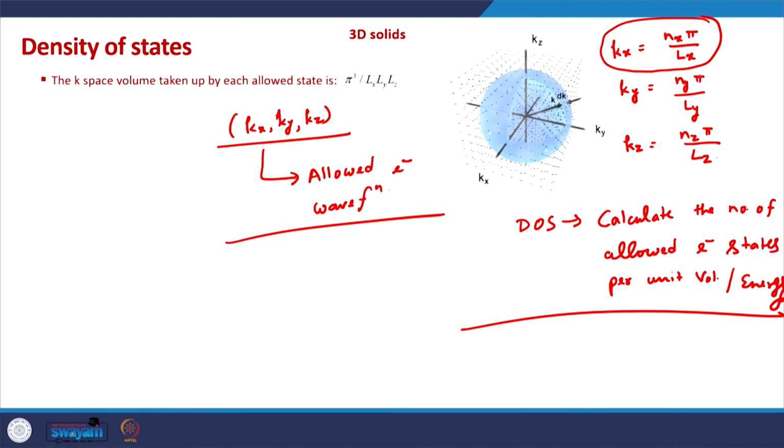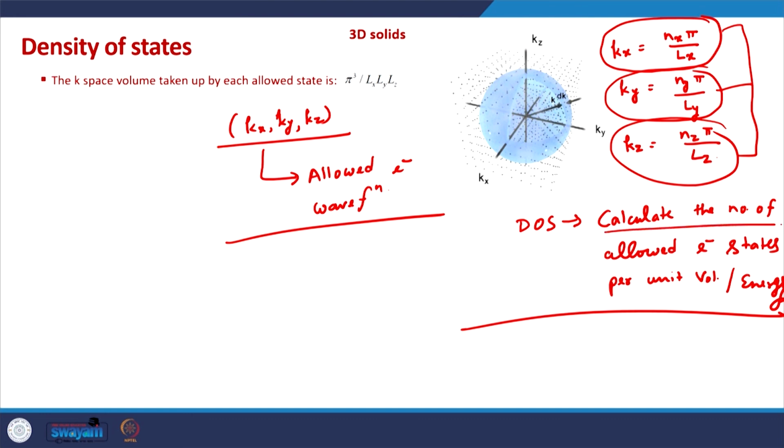Okay. So, all allowed combinations of kx, ky, kz which can be deduced from these 3 relationships will give us various electronic wave functions which the electron can take in a 3D solid. And so, the combination of these k points will correspond to the allowed electronic states in solid. So, if we need to calculate the number of allowed electronic states in the solid, we just need to calculate the allowed k points in the solid.